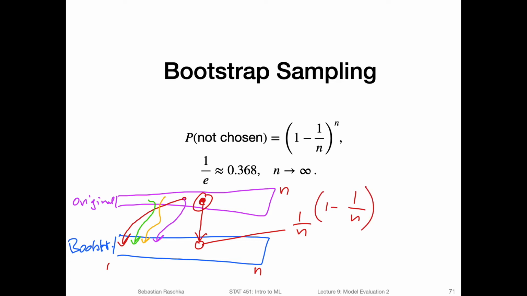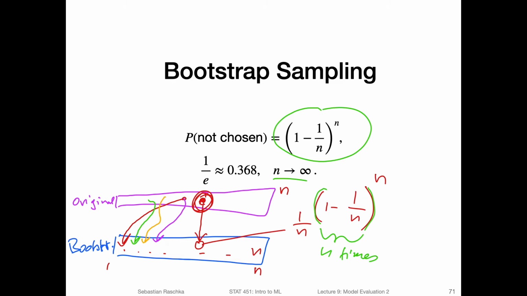But we have n picks, 1, 2, 3, 4, 5, 6, up to n picks. So the probability of not choosing a data point is this value here, (1 minus 1 over n) to the power of n, because we repeat this n times, right? So this is the probability of not choosing a data point.